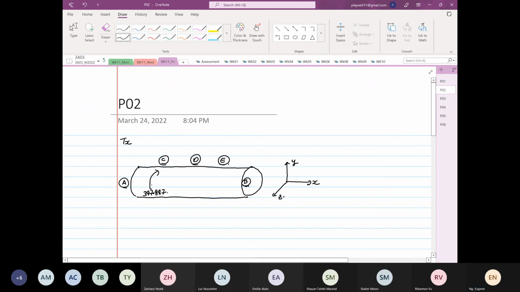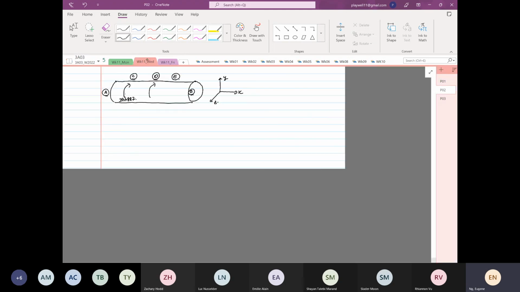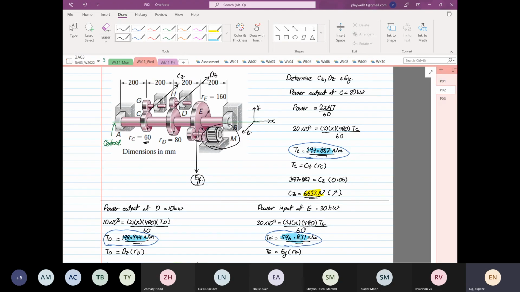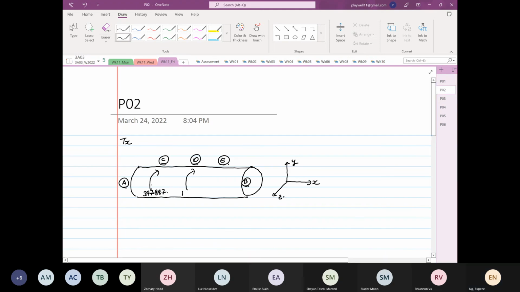And at D, the torque, the top output, is generating 198.944. Okay, so point C is output, point D is output, right? The torque is going to output. At point E, the torque is input, so the direction will be reversed, right?